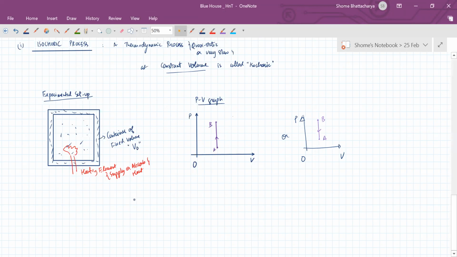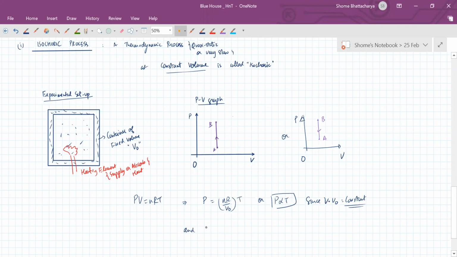Now the first thing, from the equation of state: pressure is proportional to temperature because the volume is constant.